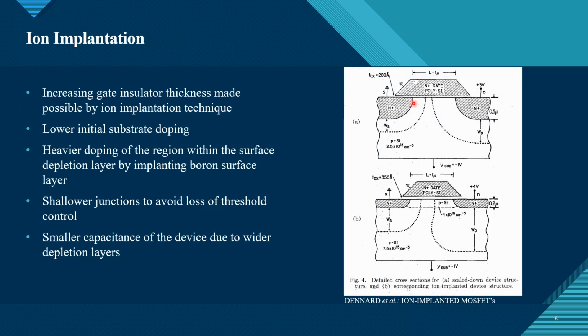In the scaled down transistor, the thickness of the oxide layer is very, very small, 200 angstrom, or in other words 20 nanometers. And it is very difficult to manufacture a transistor reliably with such dimensions.